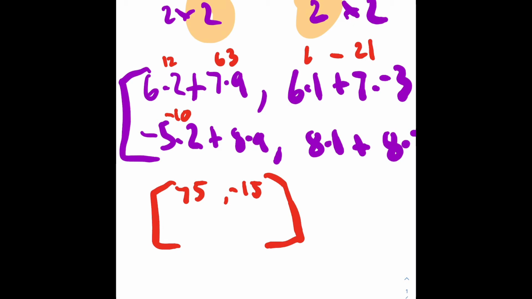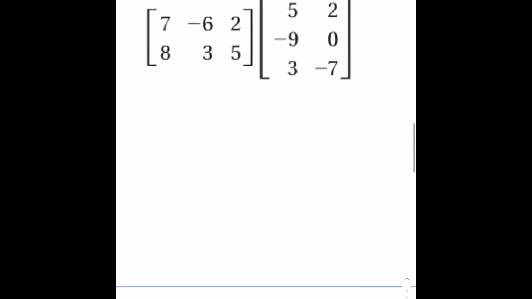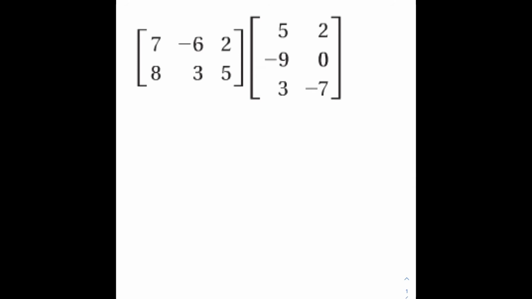Then -10 plus 72 is 62, and -5 minus 24 is -29.